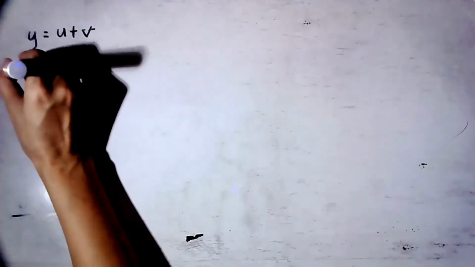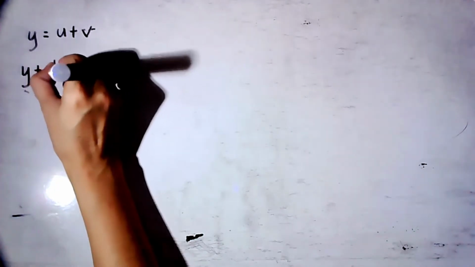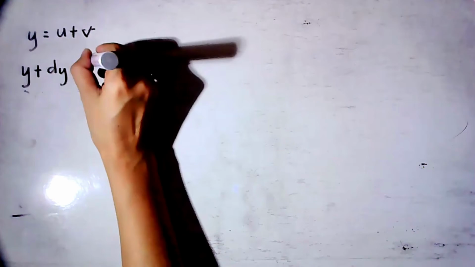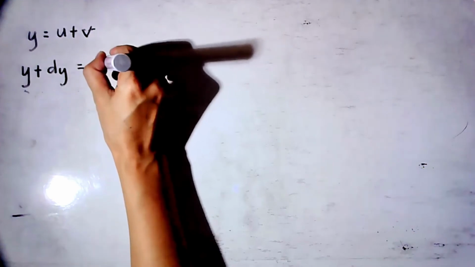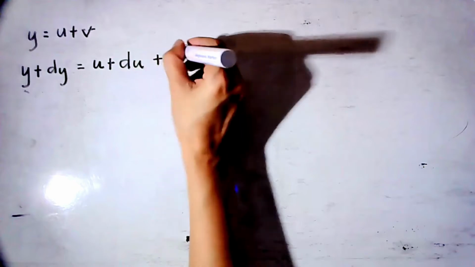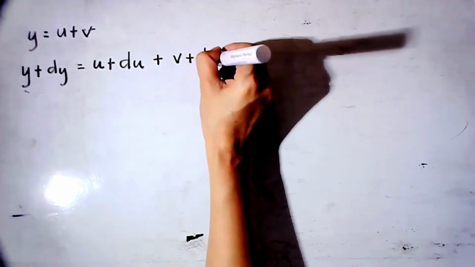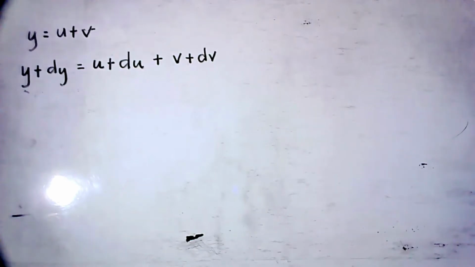So if you are going to write down, y plus dy is equals to u plus du plus v shall be increased by dv. So the rule that we are going to tackle is the sum rule.